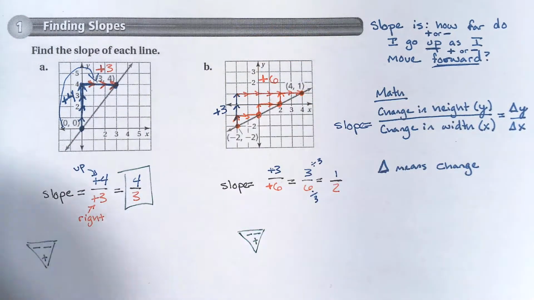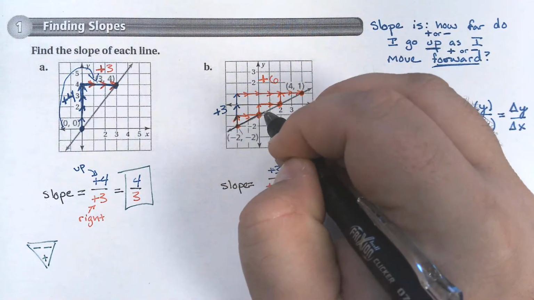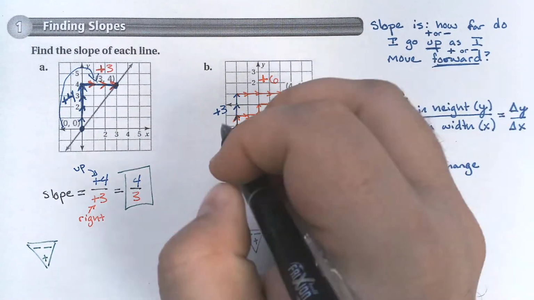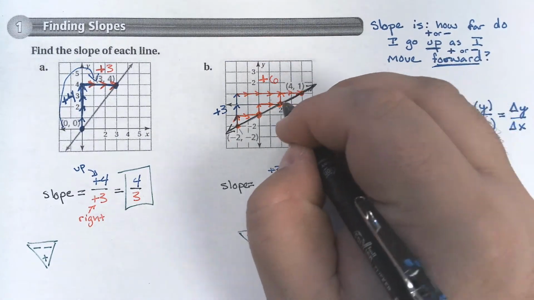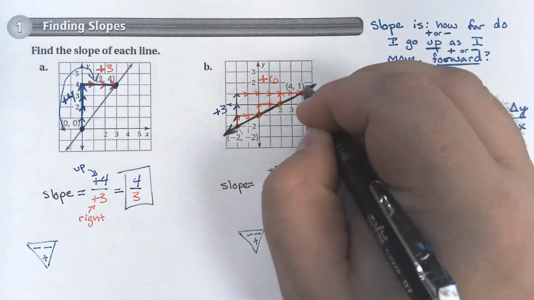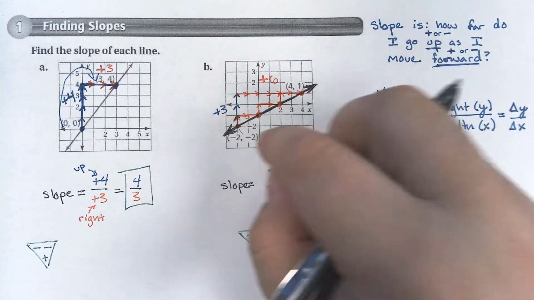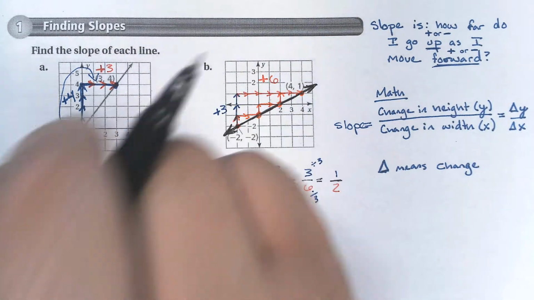So slope tells us how to go from one point to another on a graph so that I can imagine how far or how long it'll take me to get from one point to another just knowing the slope rather than where the 2 points are. Same thing happens over here.